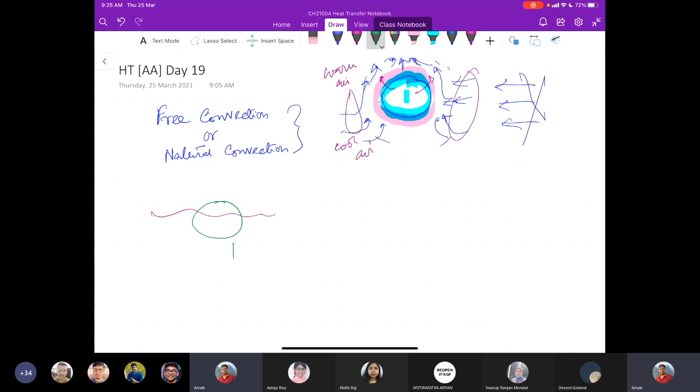Then it would feel a force that acts in its normal direction. That is called, the spelling is buoyancy, the buoyancy force.